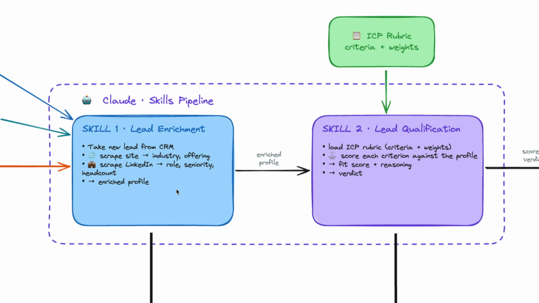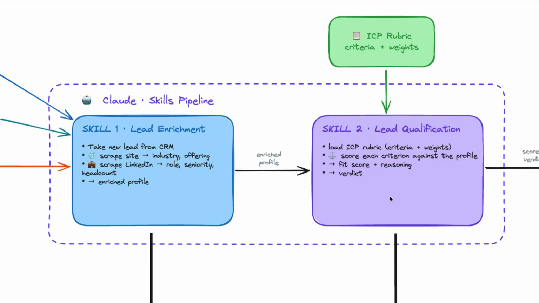For me to be able to qualify a person, to qualify a company and assess whether I can work with them or not, I need to have a lot more information about what they do, what their products are, what the company does, what the size of the company is and all that. So I need to have a way to enrich the lead first. I need to have a way to get a lot of information about them before I can qualify them.